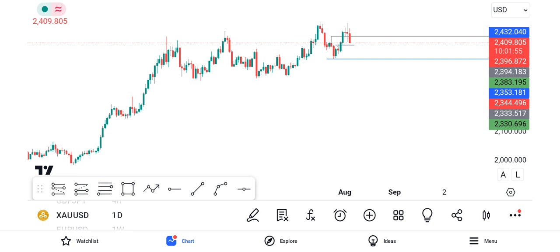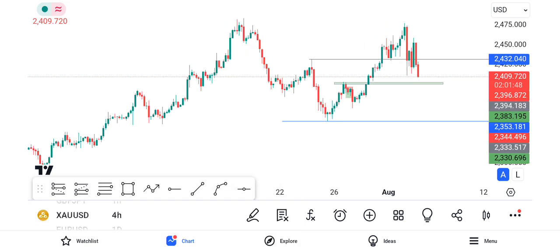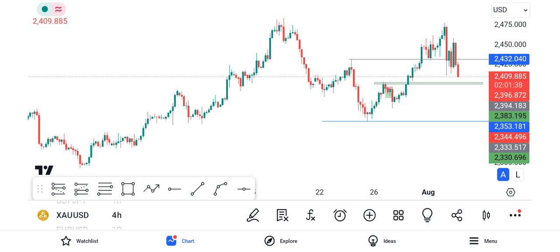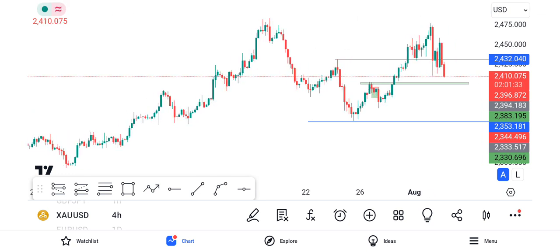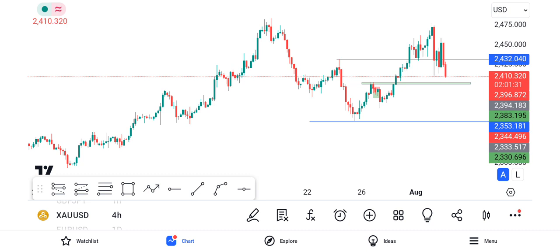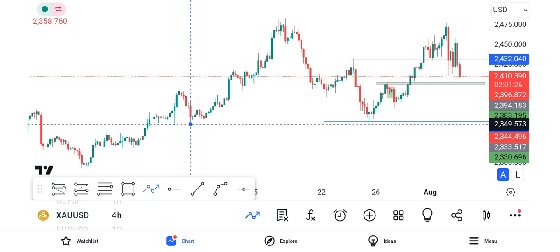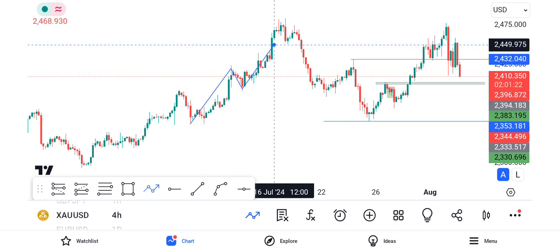But if we go on the 4 hour time frame, I'm sorry, let me reset this. This 4 hour time frame is giving us a bullish sentiment, a bullish direction. But I think the reason why this trade is currently going down is because if we can see, this is a high, this is the higher low, this is the higher high.